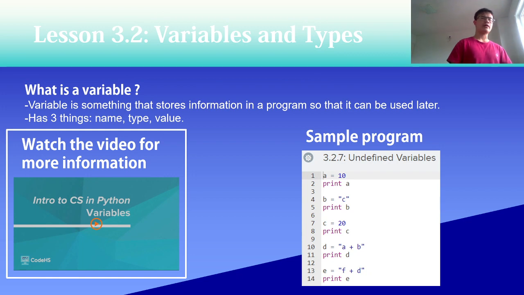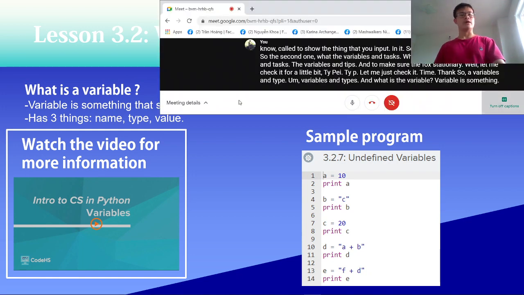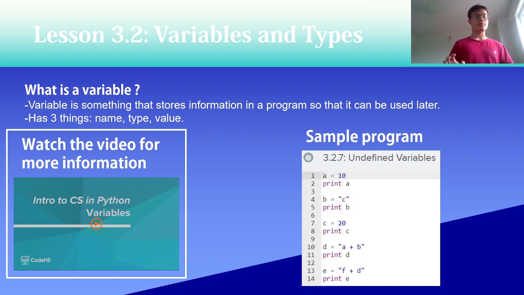And what is a variable? A variable is something that stores information in a program so that it can be used later. It has three things: the name, the type, and the value.